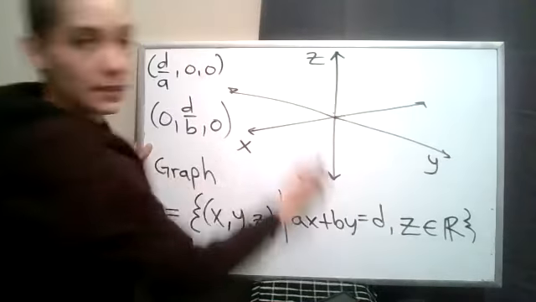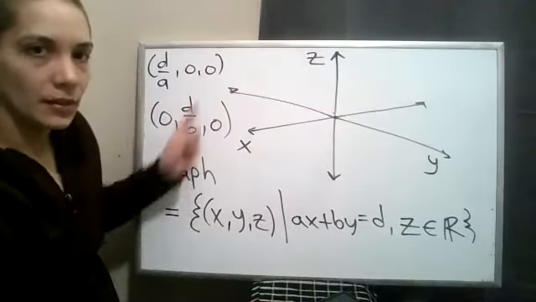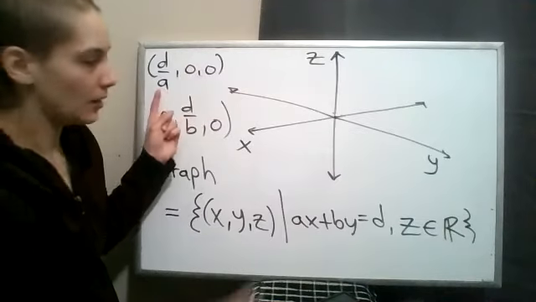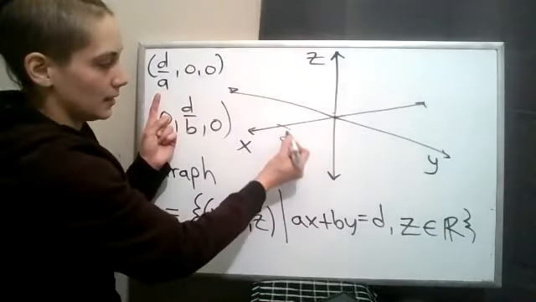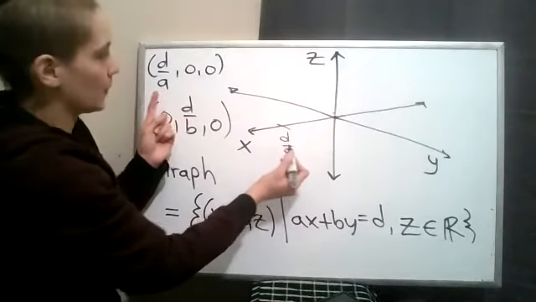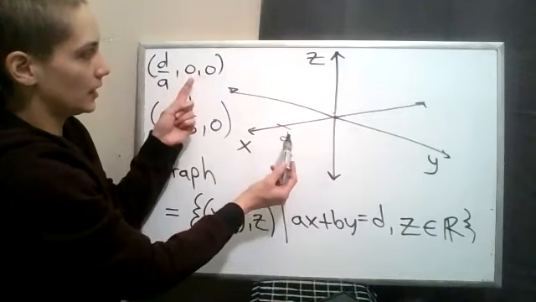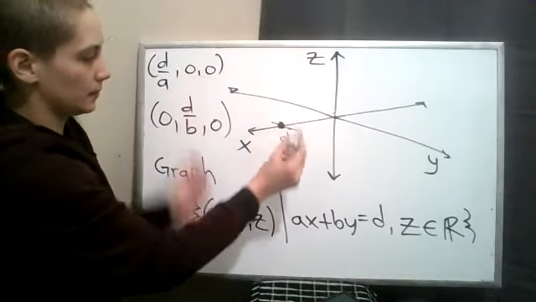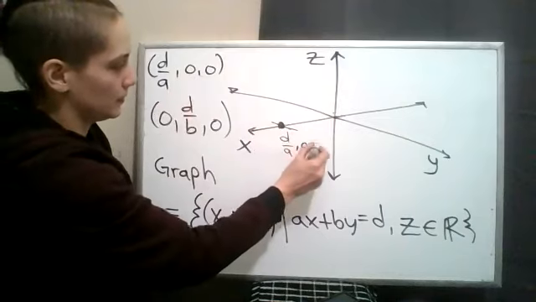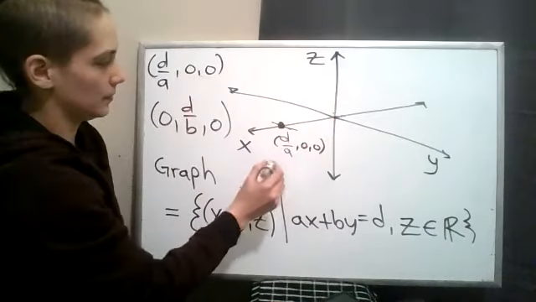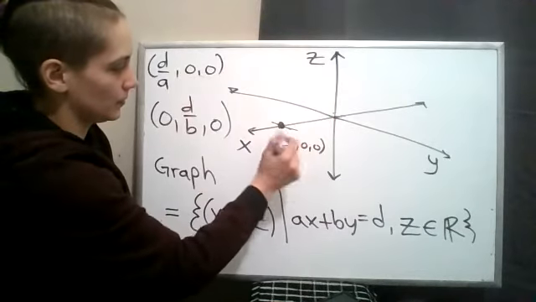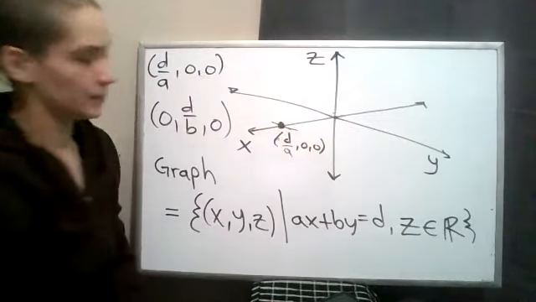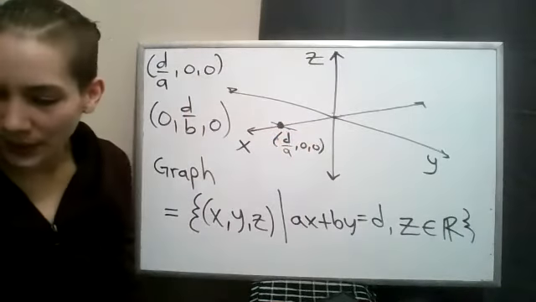Okay, we need d over a on the x-axis, 0 for y, 0 for z. Cool.